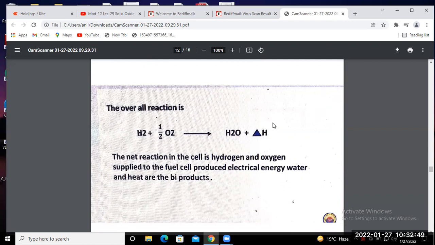The net reaction in the cell is between hydrogen and oxygen. The reaction between the hydrogen and oxygen supplied to the fuel cell produces electrical energy. Water and heat are the byproducts.